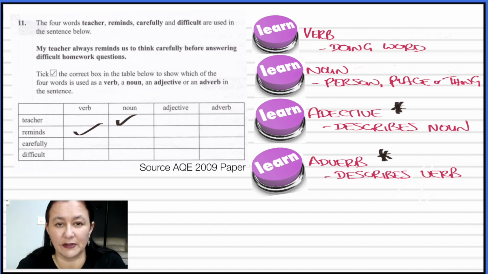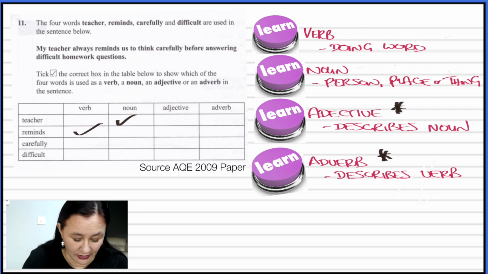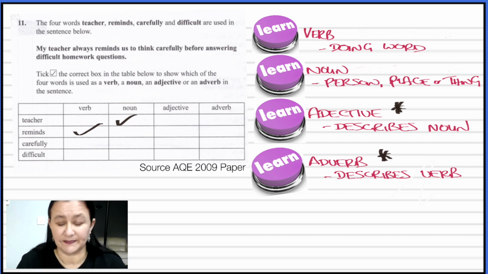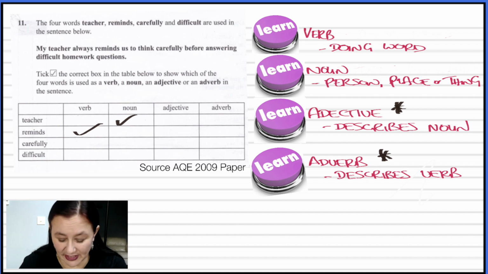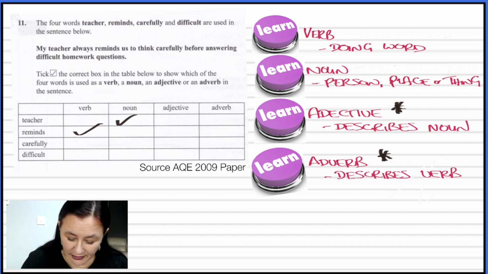After a bit of practice, they do get used to what those actually are. So in terms of the adjective and the adverb, those are the things that I think are worth honing in on a little bit more. One describes the noun and one describes the verb.